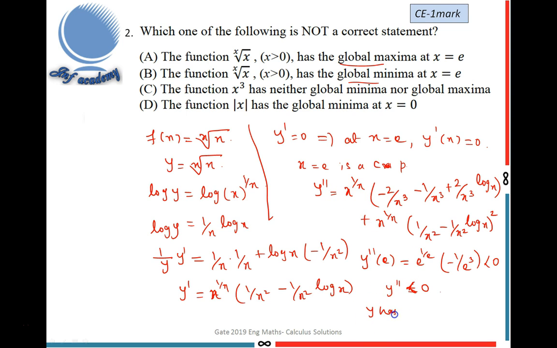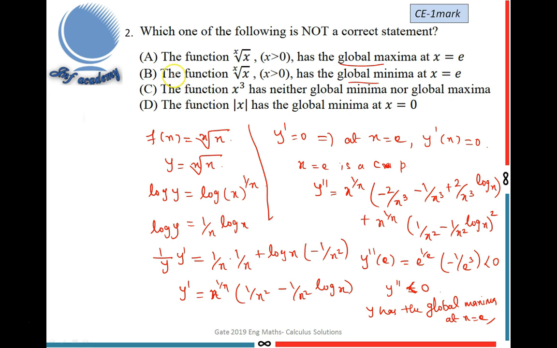Y has the local, or global, this is global, absolute maxima at x equal to e. So the function x root of x has the global maxima at x equal to e is the correct statement.